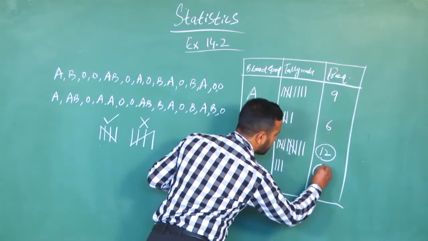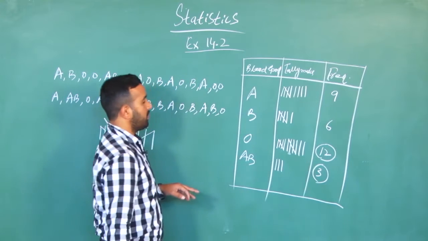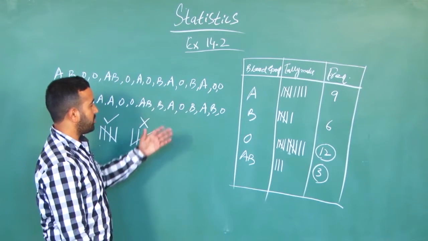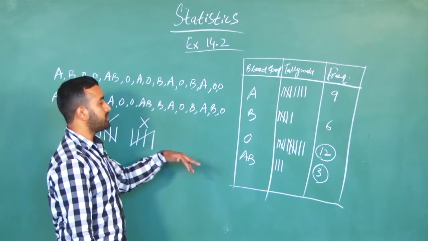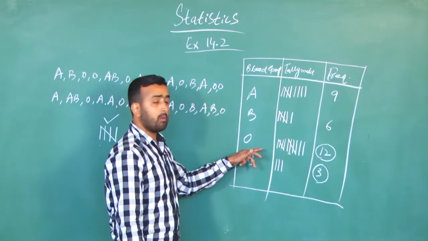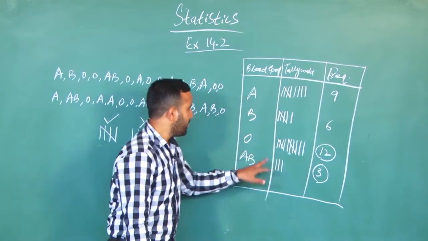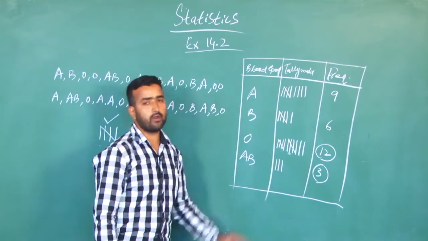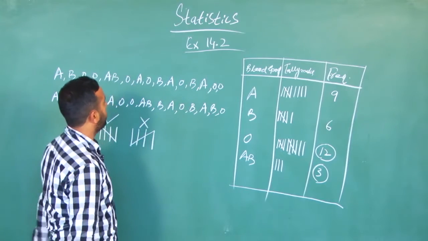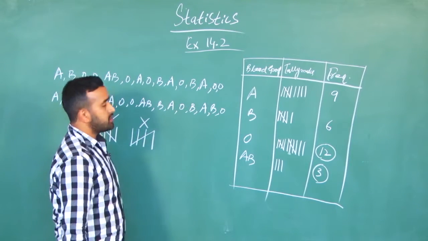You can see this is the blood group A. So the question for the given data was, which is the most common blood group, that is here O, and which is the rarest blood group, that is here AB, with frequency 3. This is how we draw the frequency distribution table.